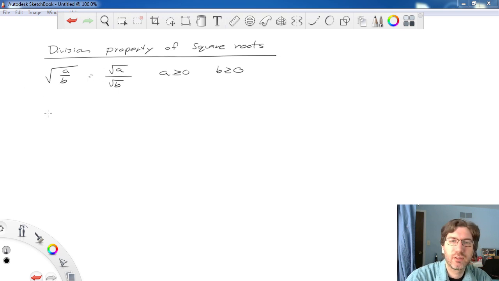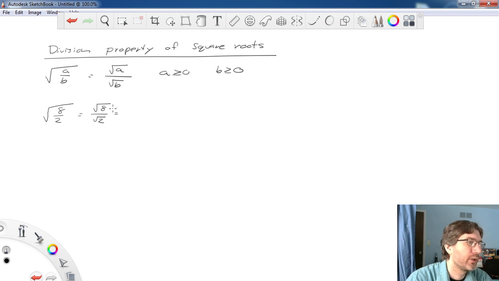So if you had something like, we want to put numbers into it, I can simplify the square root of 8 over 2 as the square root of 8 over the square root of 2, which, as we know from yesterday, you can actually simplify the square root of 8.